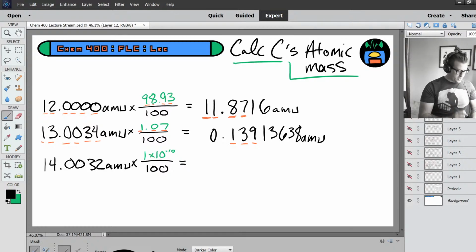All right, for the last one, we have 14.0032 times 1 over 10 to the negative 10 divided by 100.